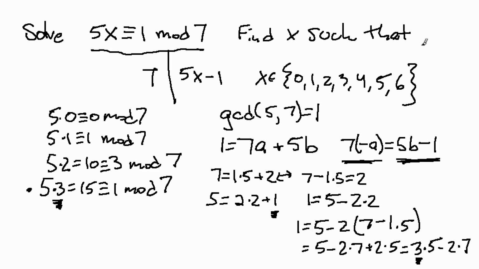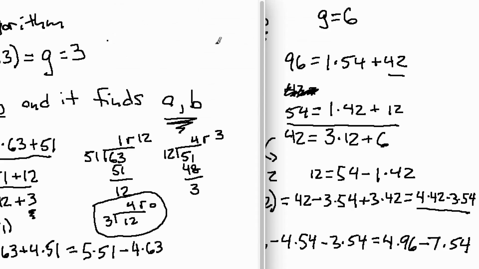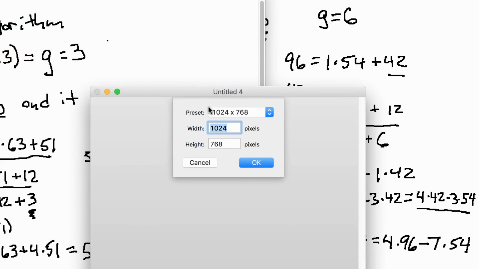Let's try a more complicated example, just to show you the power of this. So suppose, let me get a clean screen here, okay, there's our clean screen. Find the greatest common divisor, or no, not the greatest common divisor.